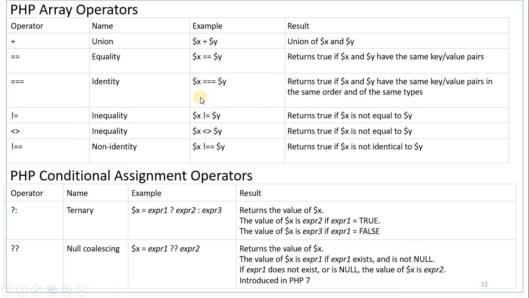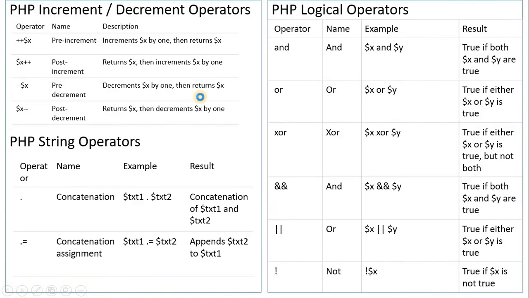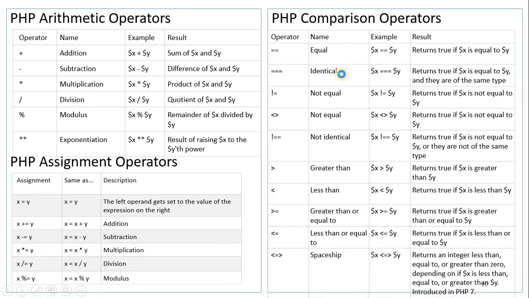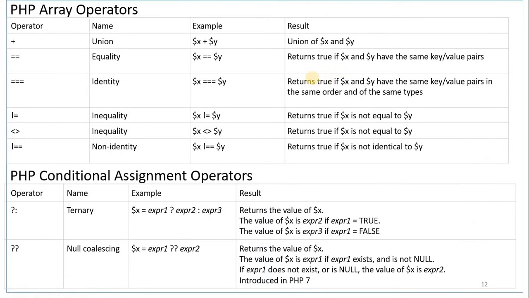Next is the identity operator, similar to what we have seen before. Identity returns true if $x and $y have the same key value pairs in the same order and of the same types. So here the same key value pairs are compared, provided they are in the same order and of the same types.